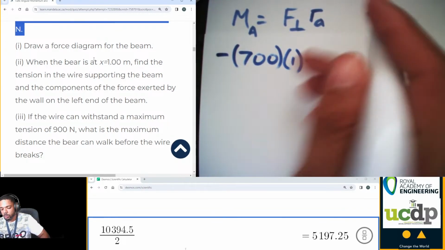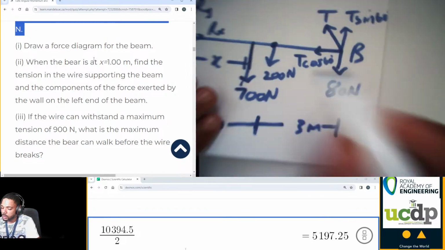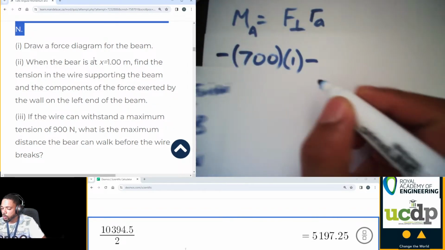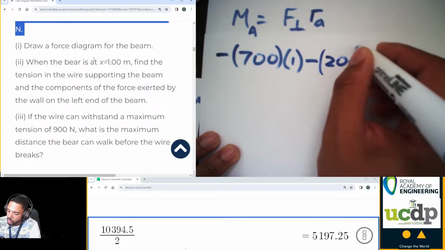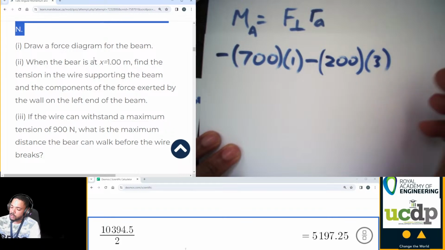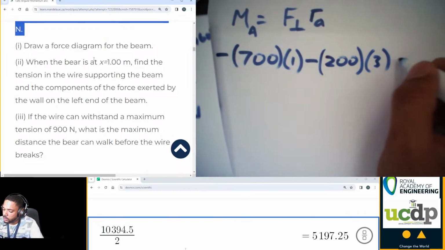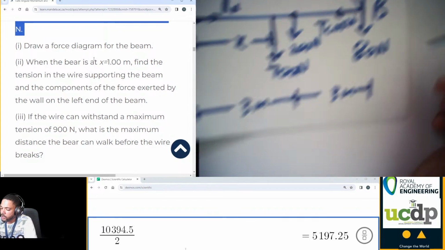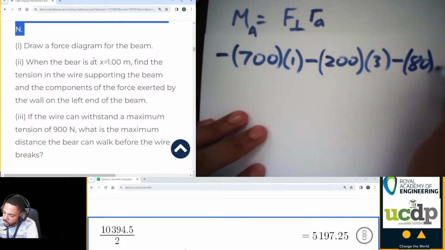And then the next one, the force is 200, the weight of the beam itself, acting at 3, halfway across the beam. Then the next one, negative, is the basket. It acts at 6, so the basket is 80, and it acts at a distance of 6 meters.